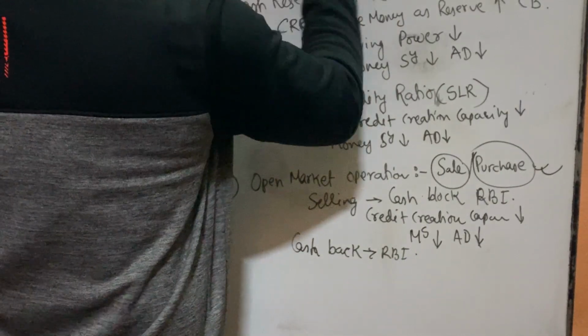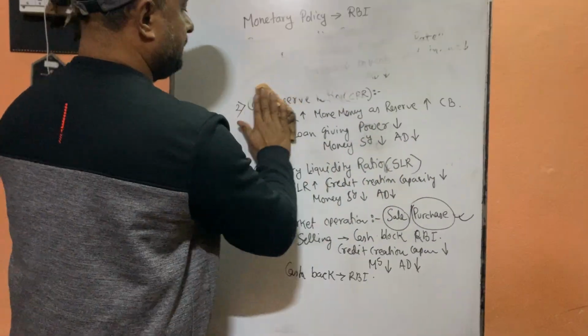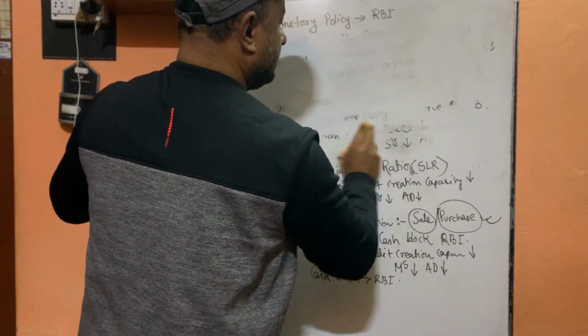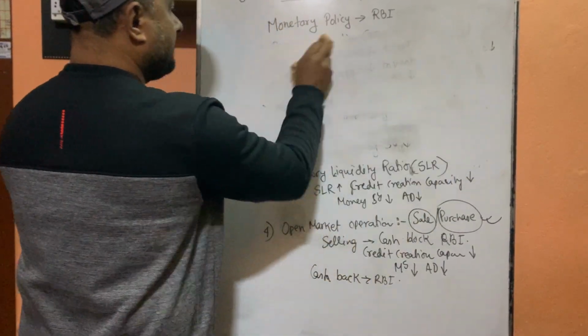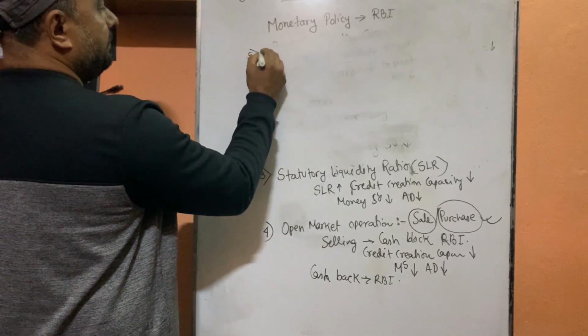Next one is marginal requirement, number 5.